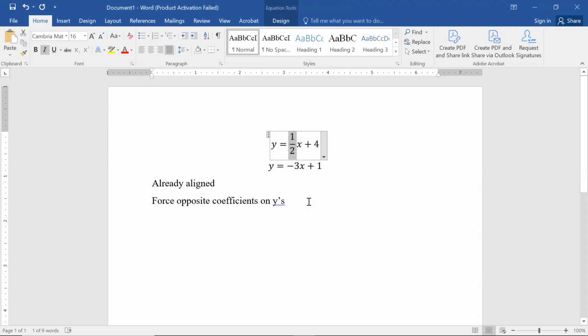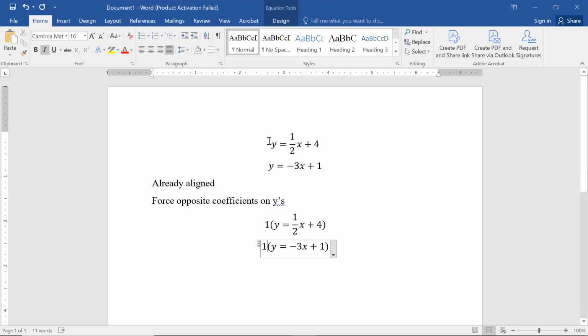I want to deal with that fraction as little as possible. You'll notice that the coefficient of y in the first equation is 1, and the coefficient of y in the second equation is also 1. It's an implied 1. There's nothing in front, so it's 1, 1.